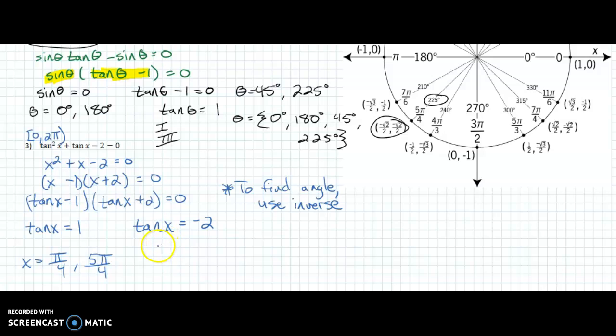So in this case, we have tangent inverse of -2 is equal to x. And this is something you would just type in your calculator to find a value. And when we do that, we get the value of x is equal to -1.107. And we'll stop there.